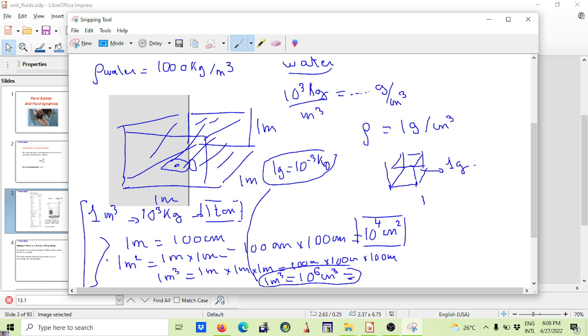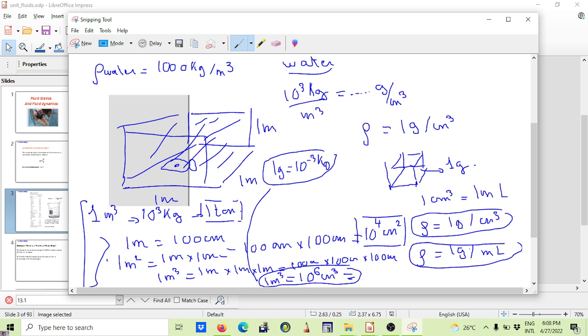And interestingly, 1 cubic centimeter is also 1 milliliter, right? So that means the density of water, 1 gram per cubic centimeter, is also 1 gram per milliliter.